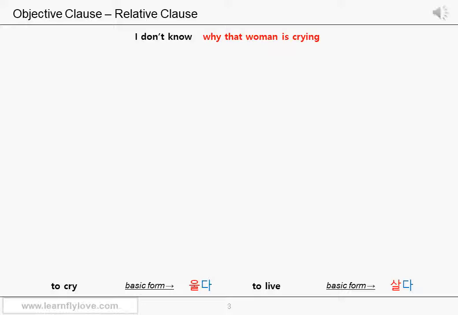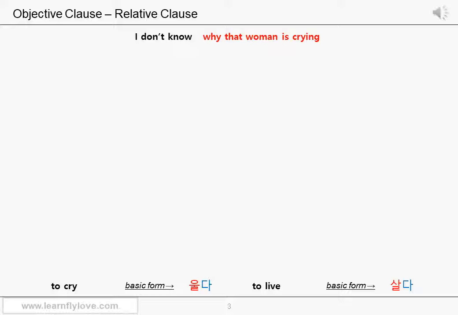I don't know why that woman is crying. When you want to use this connective noun 지, which is used to connect your question with a final judgment, you can regard relative adverbs or relative pronouns such as why in this sentence as interrogatives. Place them in the position of an interrogative and even use the same translation of the interrogative in Korean.